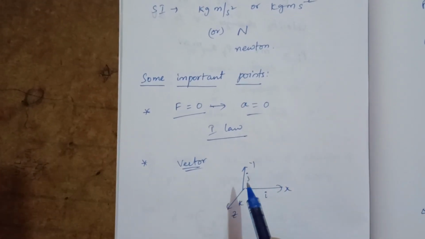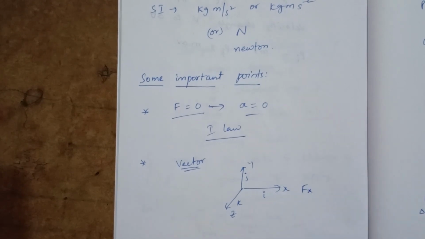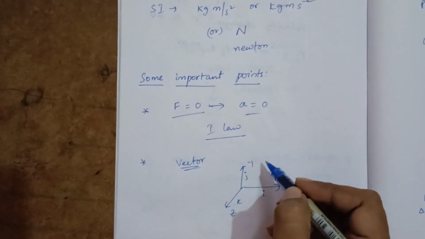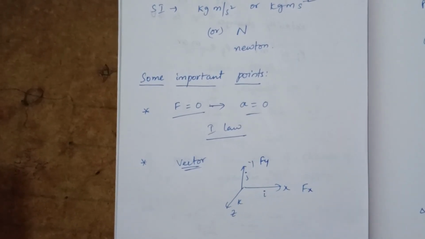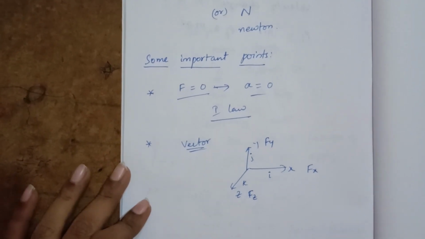So it will give 3 quantities, one for each component of the vector. Fx in the x-axis direction, Fy in the y-axis direction, Fz in the z-axis direction.